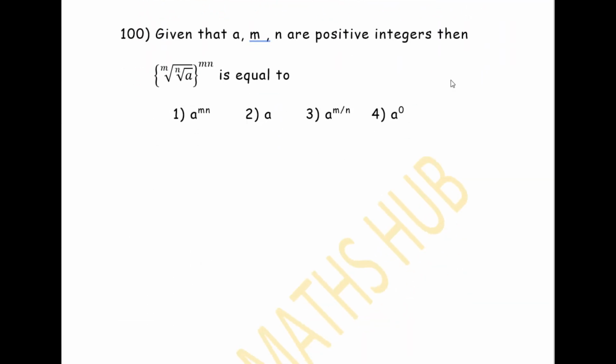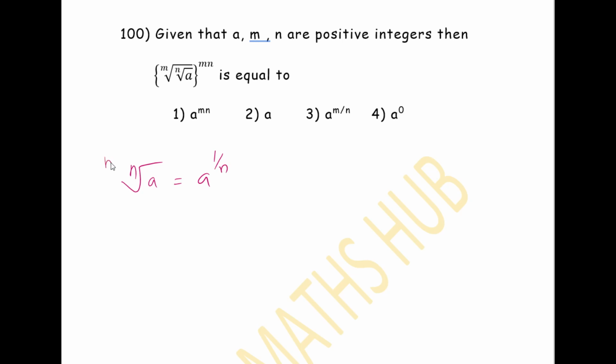Now moving to question number 100. Given that a, m and n are positive integers, then the m-th root of the n-th root of a, whole to the power mn, is equal to, by using the concept of law of exponents, n-th root of a can be written as a to the power 1 by n.